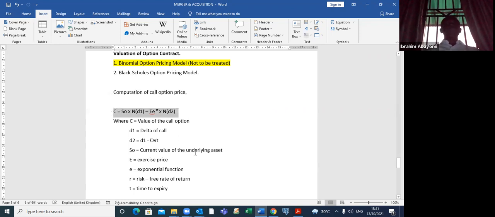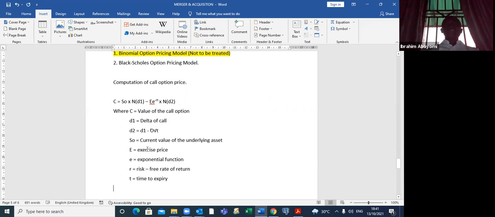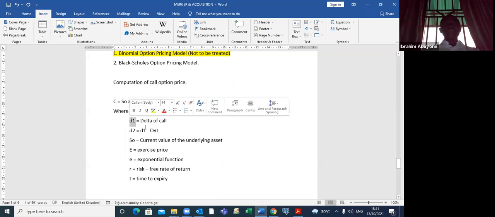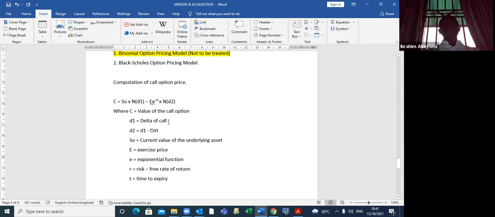Your starting point now is to compute this D1. You need to know your D1, because D2 is based on D1 as well. So you need to compute delta of call, which is D1.